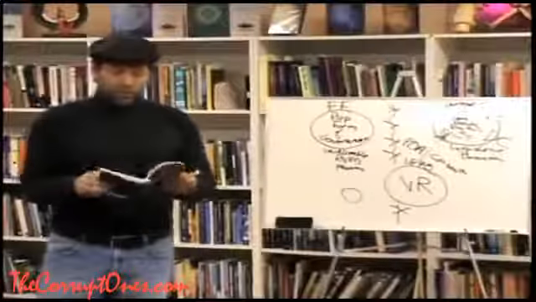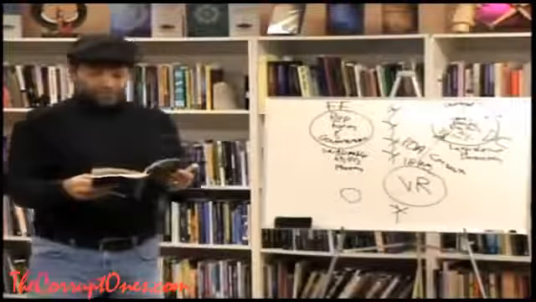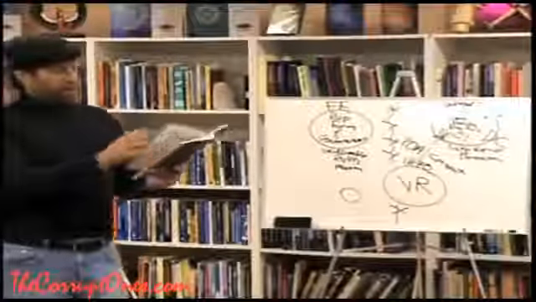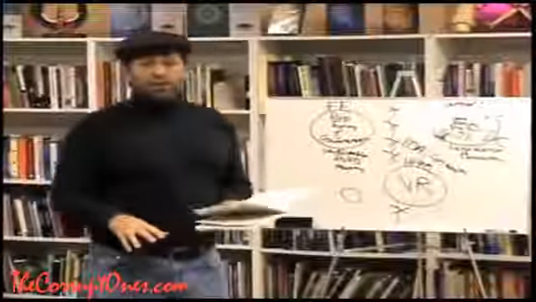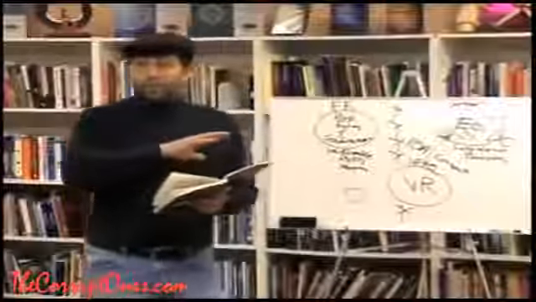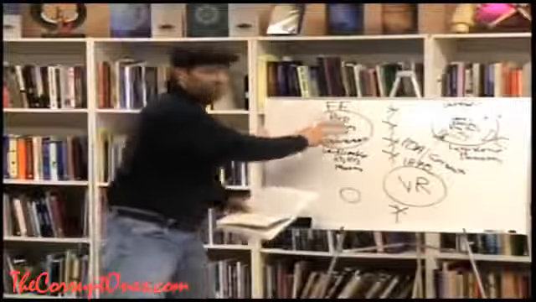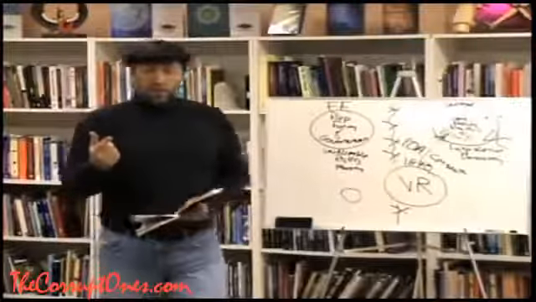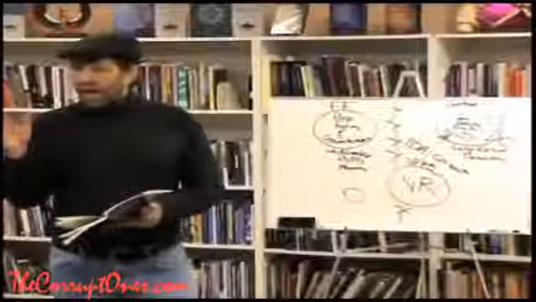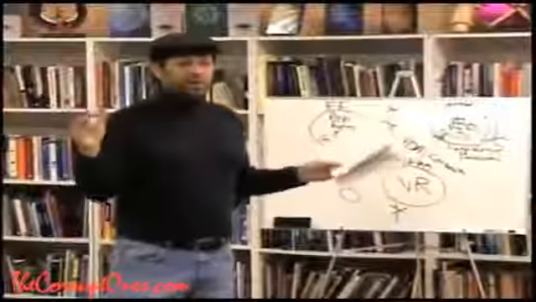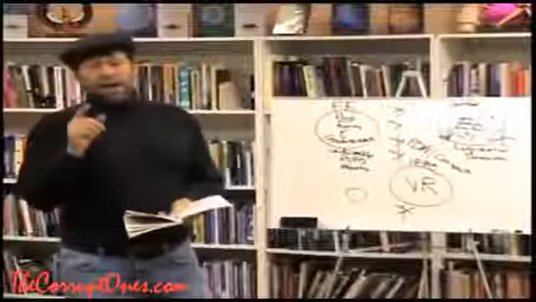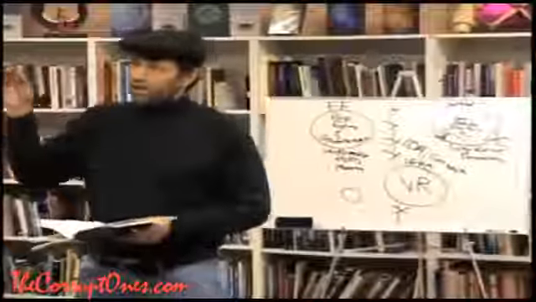In the original Article 3 Judiciary, let me just read it, there were four types of law. You had the common law, which was for the folks that lived on the soil of the Union States. You had equity, which was contracts between the people. You had admiralty and maritime.